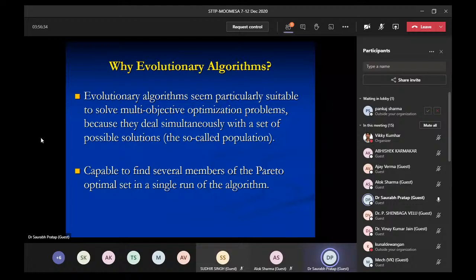But if the data set, the number of variables and the number of constraints are high, in that case the nature-inspired algorithm or the evolutionary algorithm will be helpful. So for a particular suitable scenario we can use an evolutionary algorithm to determine the solution.